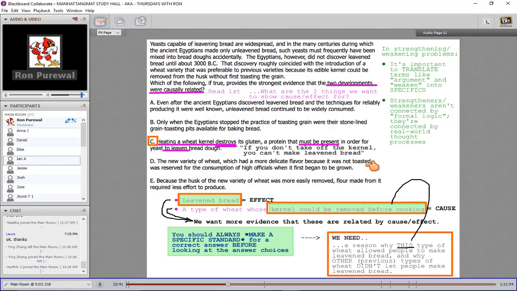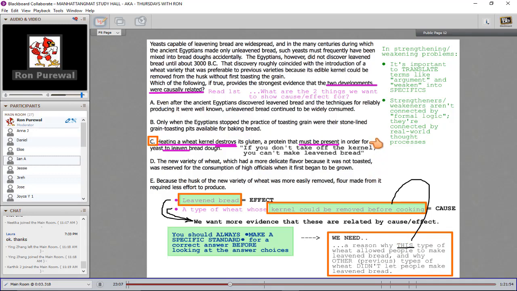So making those kinds of analogies will help. This one, the people who ate it, obviously had nothing to do with anything. And then E just says that it's less work to make flour from this stuff, but E has nothing to do with making leavened bread. So E is also irrelevant.